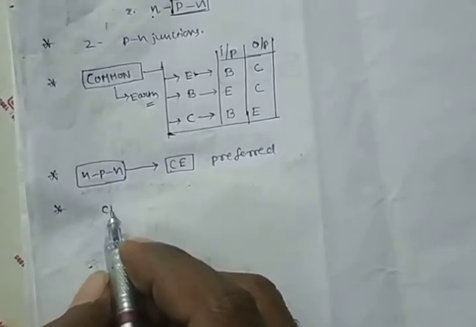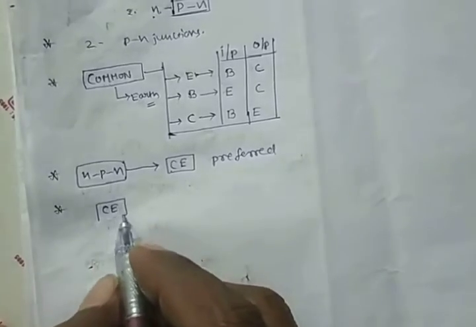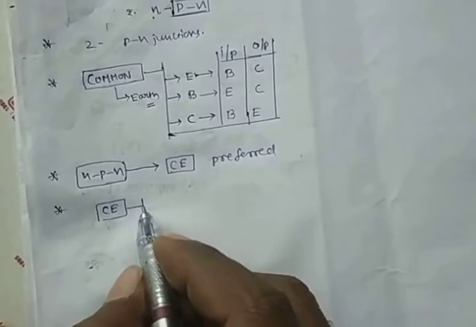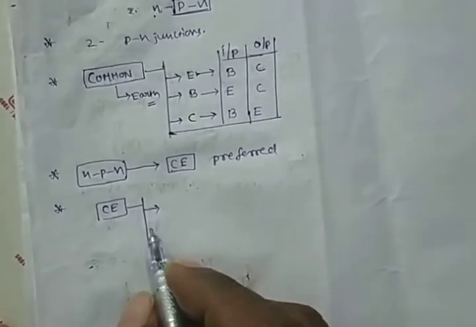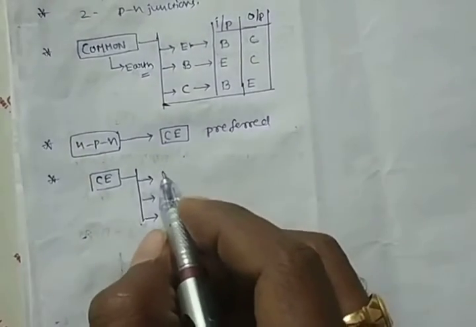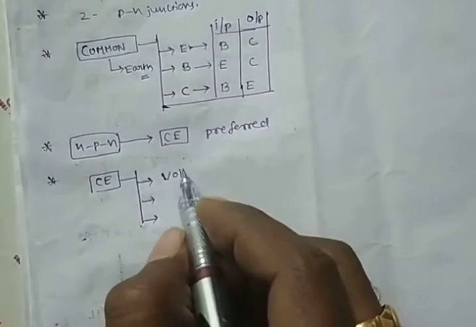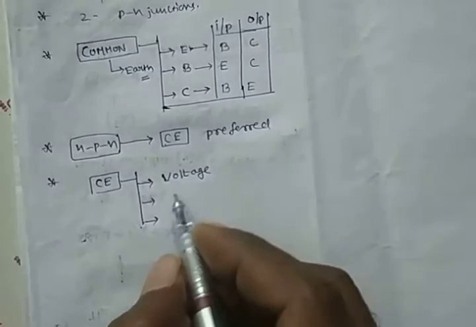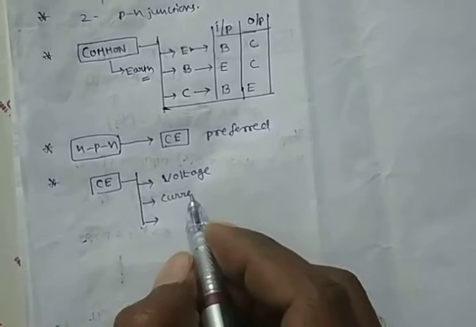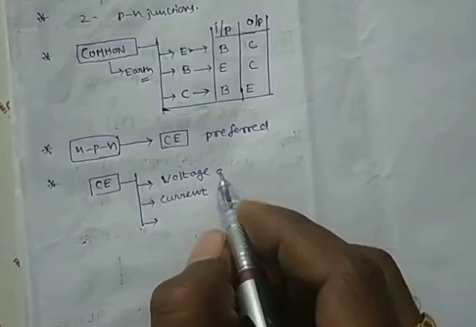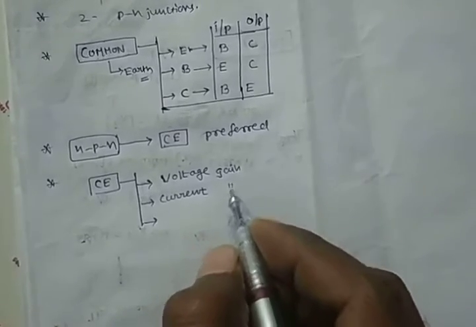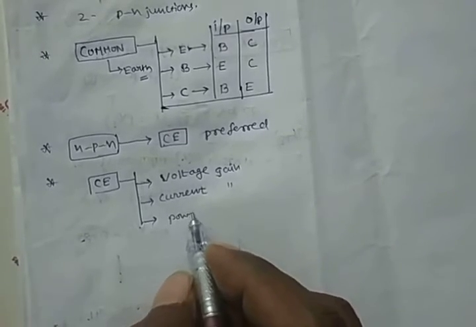So in this common emitter configuration, for any transistor there are voltage gain, current gain, and power gain.